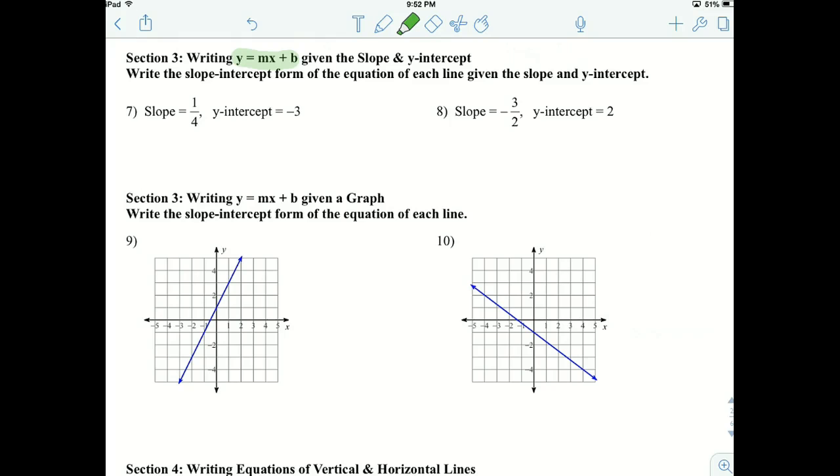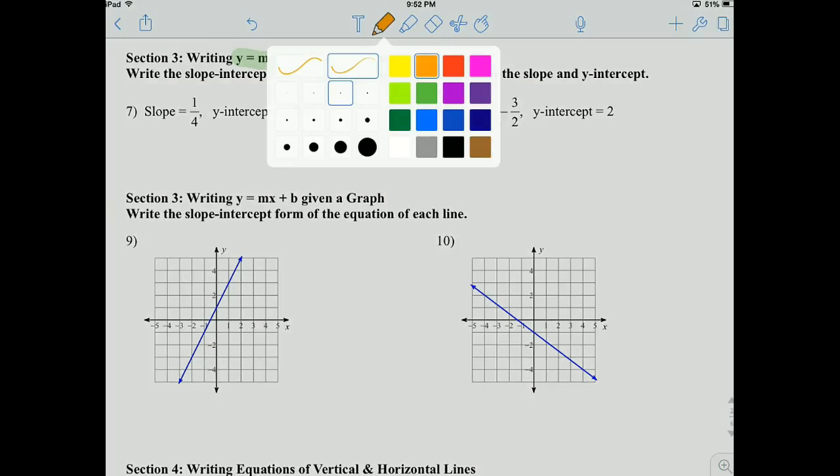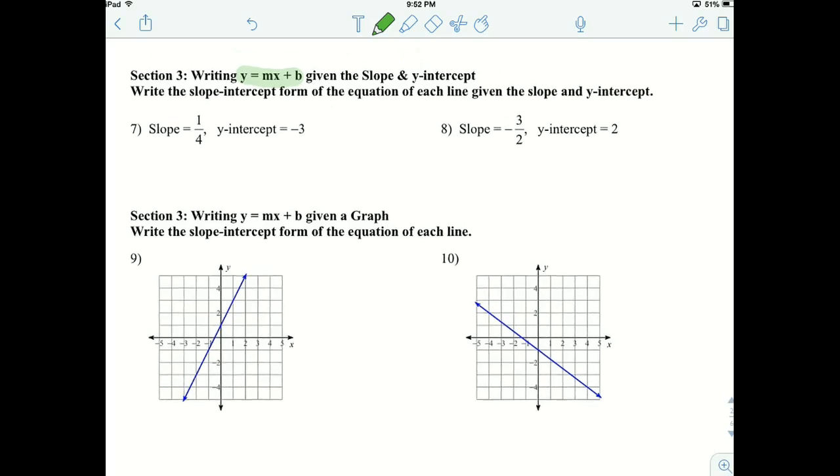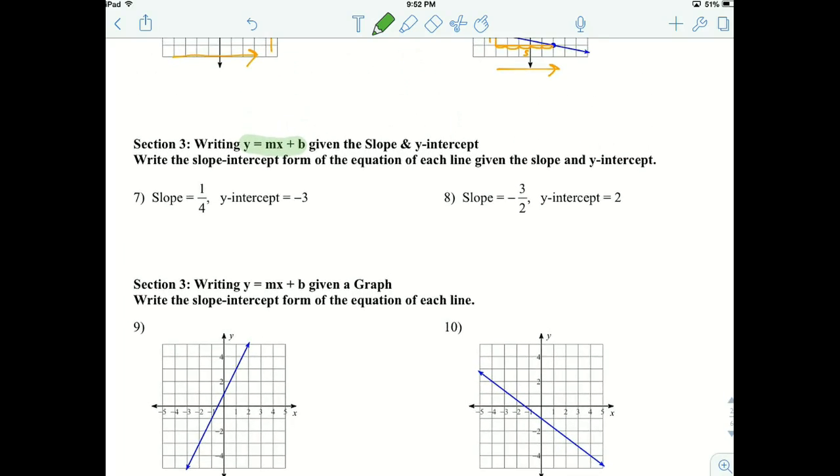So if we want to quickly define the parts of that formula, we can, above this, write ourselves a couple notes. The m is the slope. And if you remember from our slope formula, we use the letter m for that reason. The b is the y-intercept.